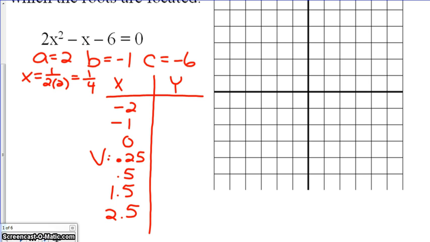Once we find our x values, we're going to plug back in our y values. And then we can graph our points.